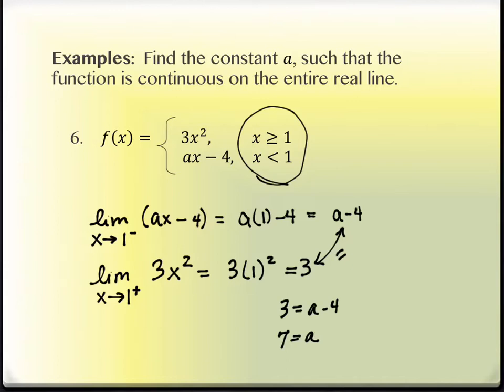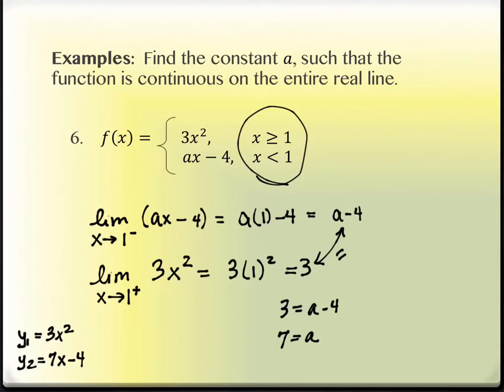I want to walk you through looking at your calculator for this anyway, without any super fancy techniques or tricks, just so you have a way to confirm that this makes sense. Inside of y1, you can put the first equation, 3x squared. And inside of y2, you can put your new equation that has the 7 in it, so it's 7x minus 4.